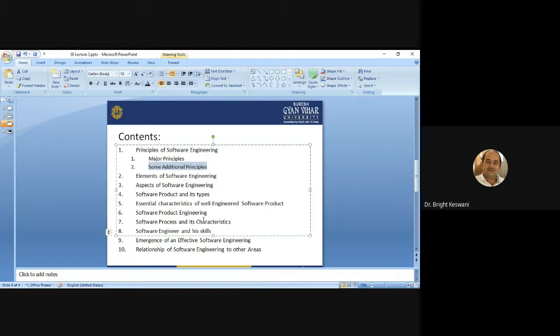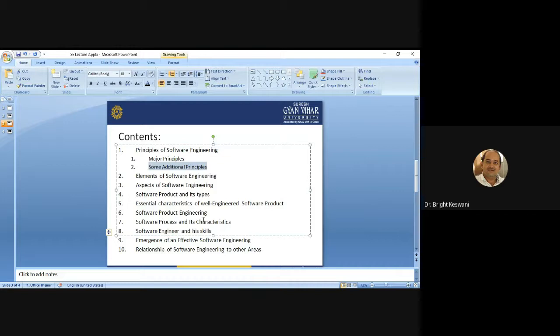I will teach you what coupling and cohesion are in the next lectures. It is the ninth additional principle of software engineering, which says use coupling and cohesion in an appropriate manner to reduce the complexity in your design.